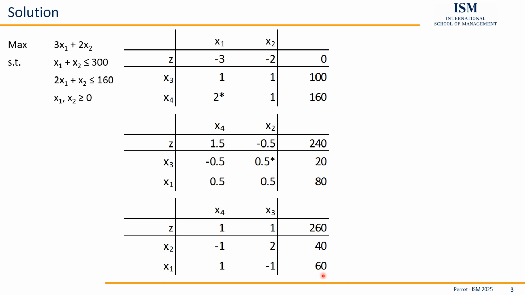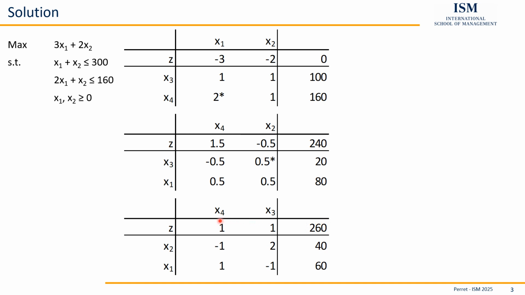So 80 minus 20 gives 60. And for this value, I have 240 minus 1/2 times 20 divided by 1/2. Minus minus gives plus. These two cancel each other out, so I have 240 plus 20, giving me here 260.